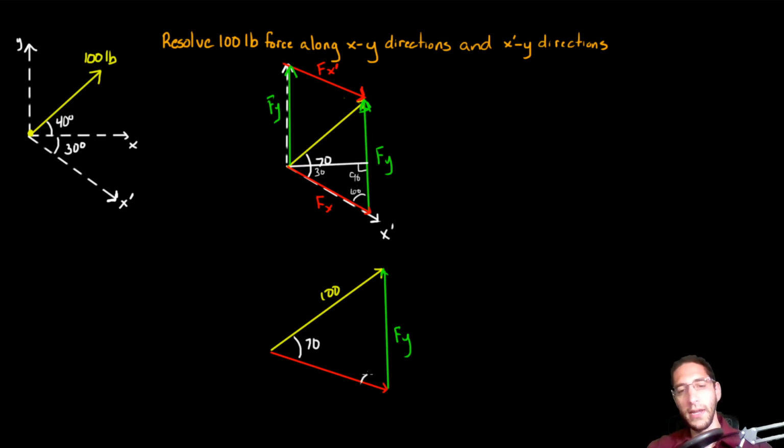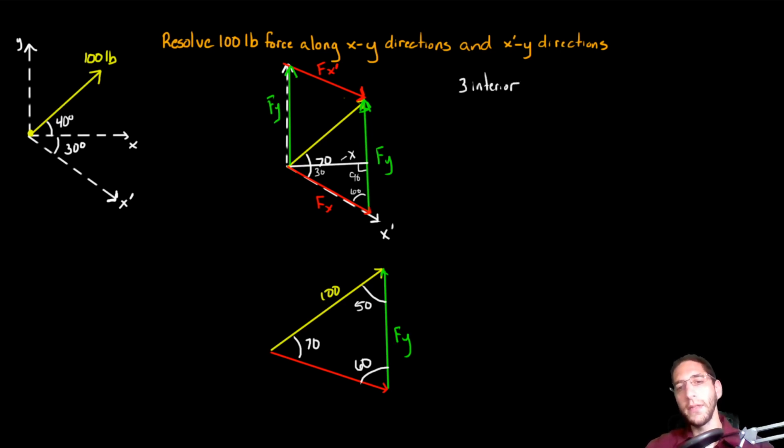So this angle right in here is 60 degrees. 70 plus 60 is 130. 180 minus 130 is going to be 50. So now we know all of the angles of this internal triangle. This line right here was our original x-axis, and we were given information about those angles.